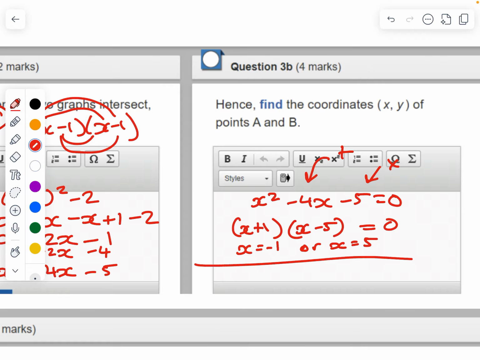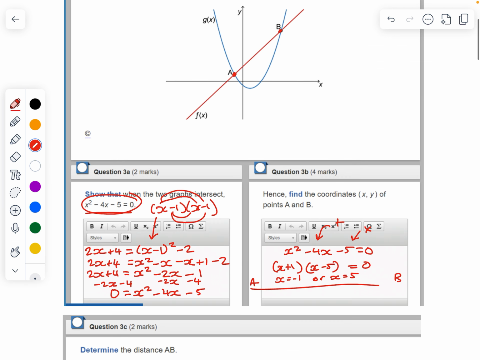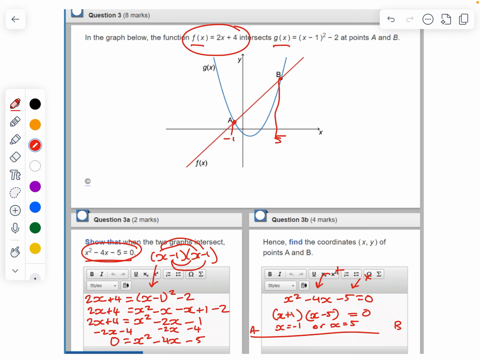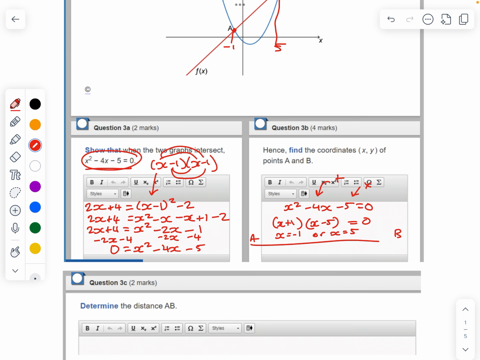So now, because I know the x values, I know A is going to be this one and B is going to be this one, because if you look at the graph, that looks like negative 1, that looks like 5. I'm going to substitute them into the linear function just because it's a little bit easier. So the first one is y equals 2 times negative 1 plus 4, and the second one is 2 times 5 plus 4.